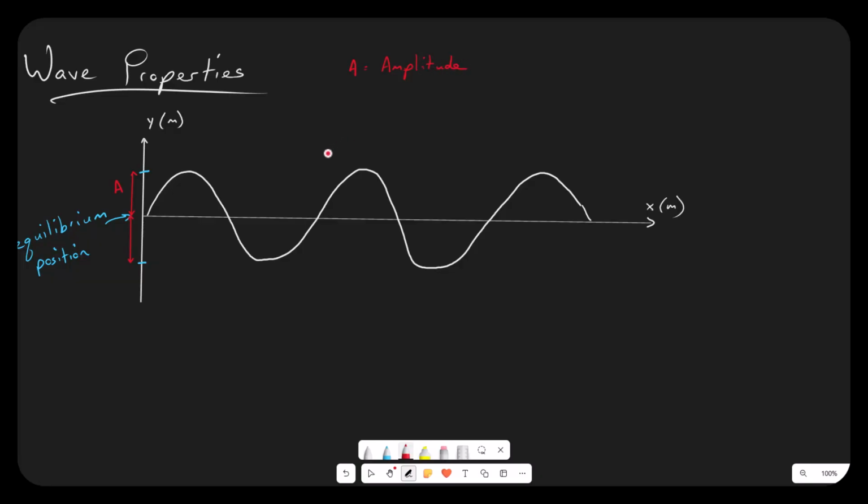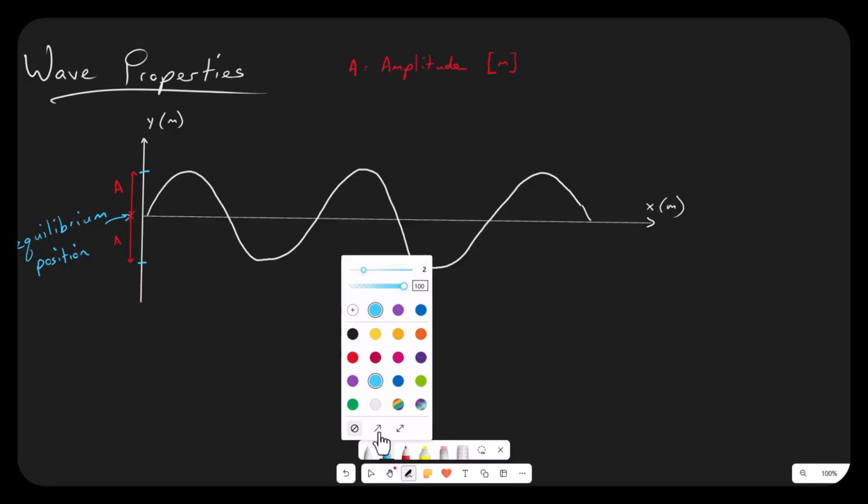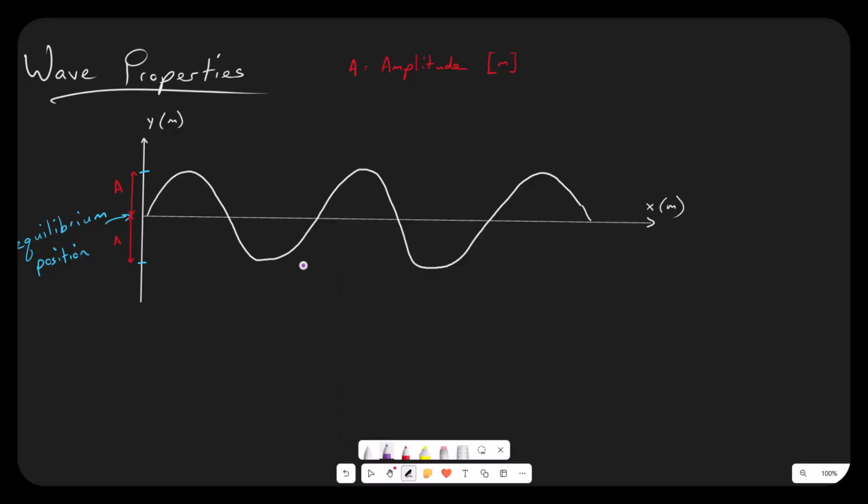We give this as a positive number, but it's the same magnitude above and below equilibrium. Because it's a value that we're measuring on the y-axis, it's going to have units of meters, or whatever the units on your y-axis are. I'm going to leave that one in red, because that one's going to stay the same regardless.